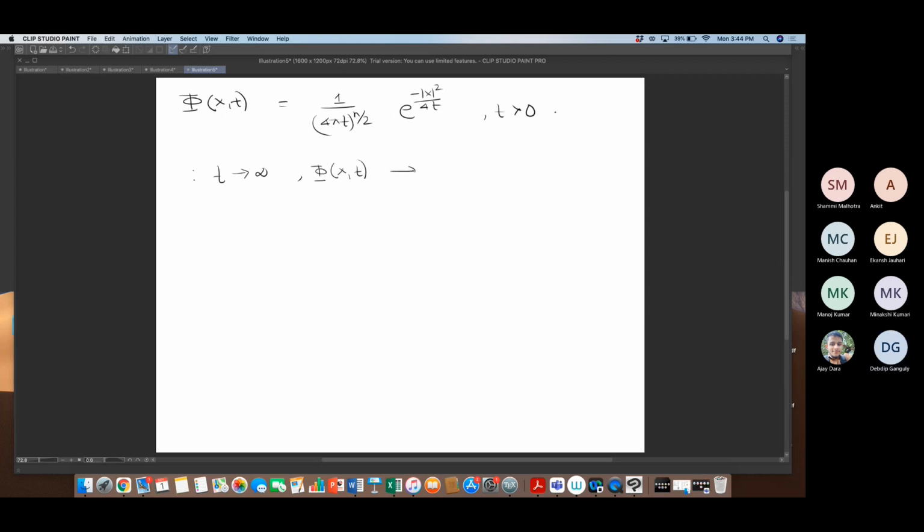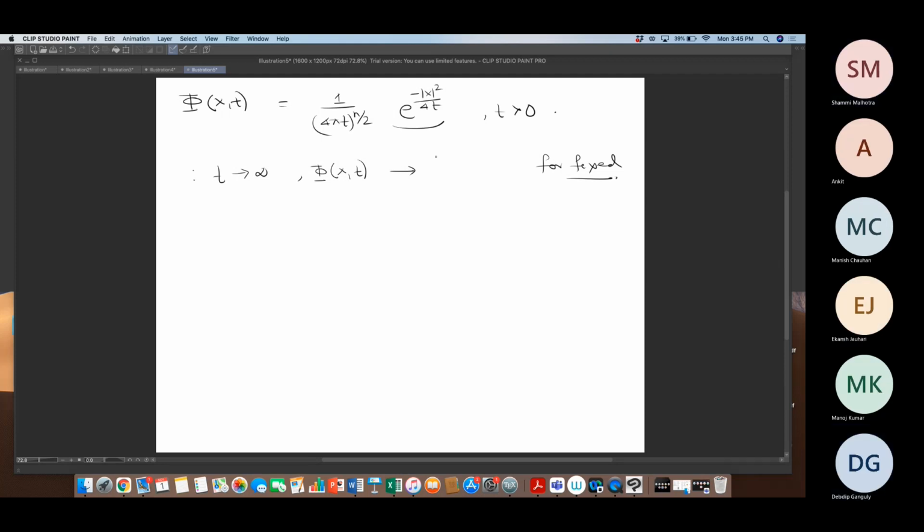As t tends to infinity, this goes to 1 and the exponential goes to 0 for any x in R^n. So this goes to 0. That is the first property. Now tell me what happens when t tends to 0.